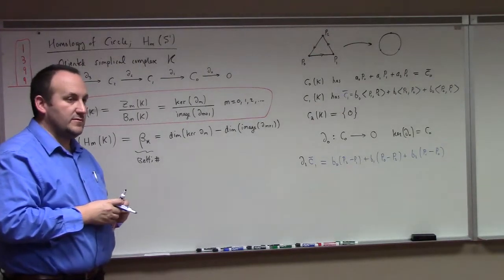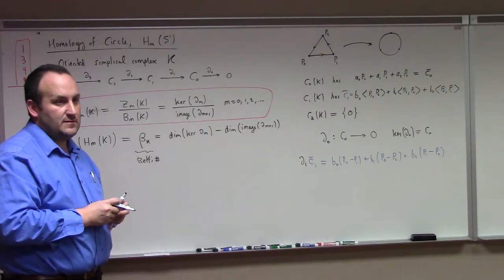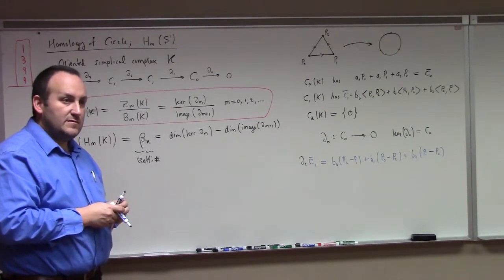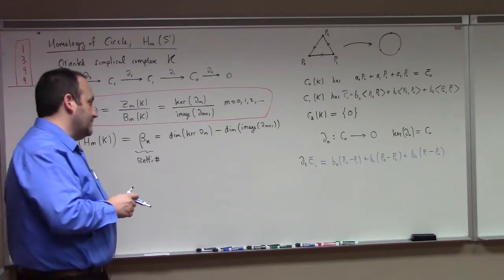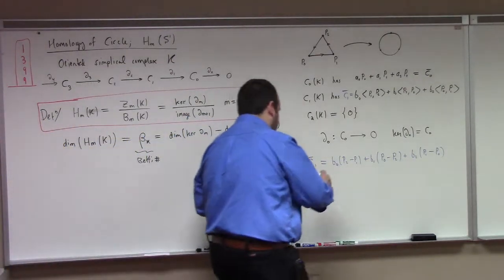I'm trying to understand what the mapping is by looking at how it acts on a generic element. This is pretty standard linear algebra. You take a generic thing and look at what happens to it. That helps us understand the linear transformation, which in this case is the boundary 1 map. Now we just rewrite this formula a bit.